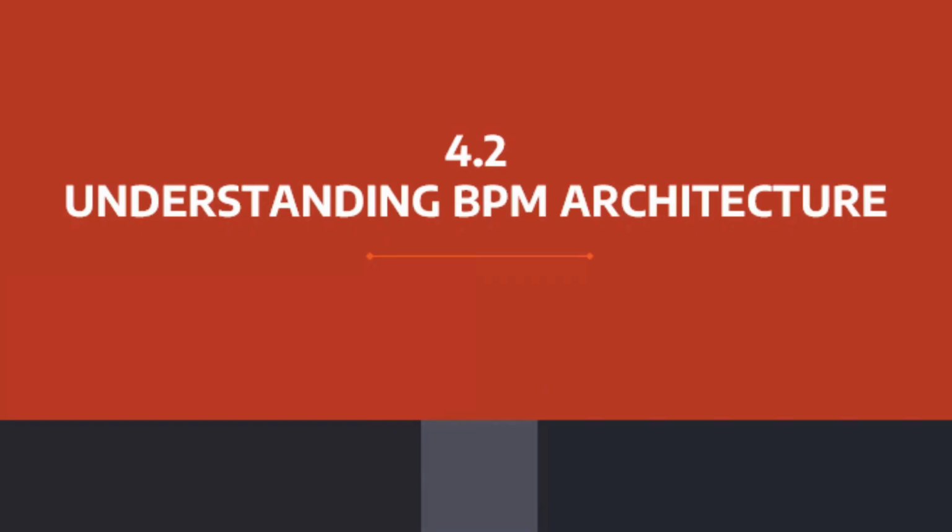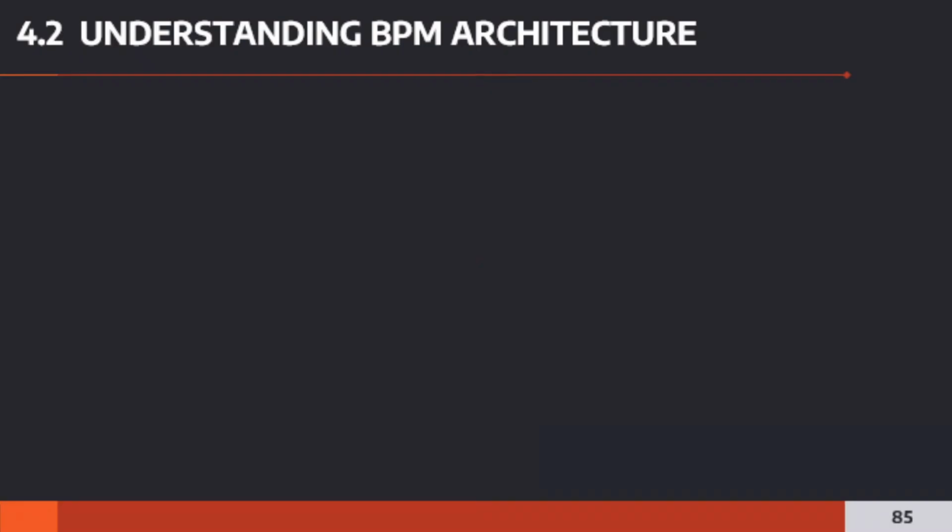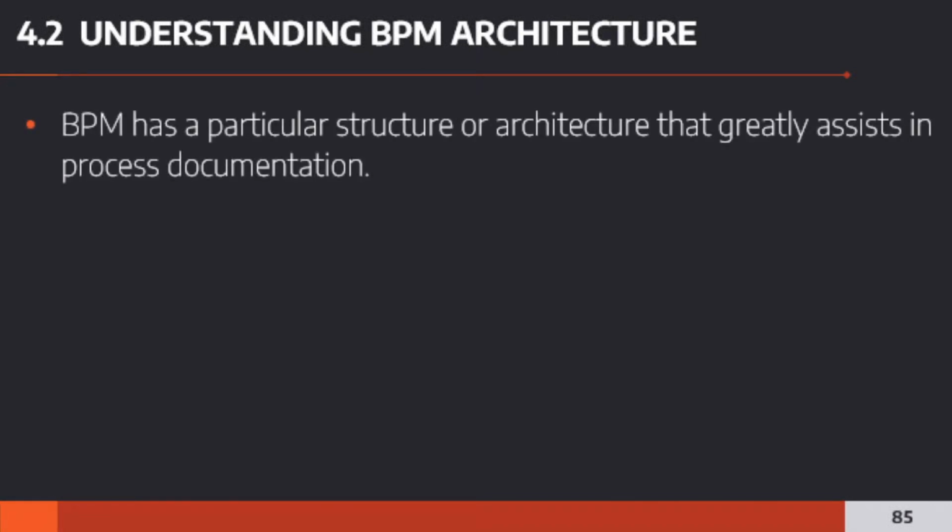Then how do we understand the BPM architecture? To understand the BPM architecture, you have to understand that BPM has a particular structure. Okay, it has a particular architecture that greatly assists in the process documentation. What else?